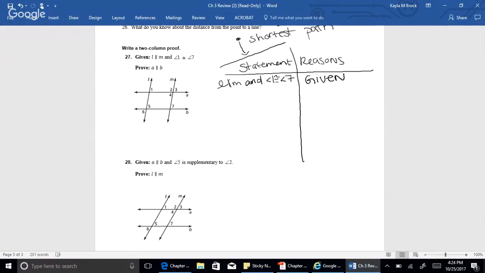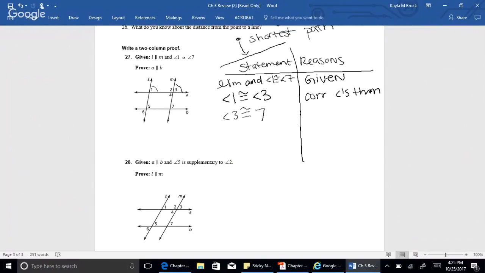Okay. Our next step is we're going to say angle 1 is congruent to angle 3. Angle 1 and angle 3 are congruent because of the corresponding angles theorem. Okay, angle 3 is congruent to angle 7.